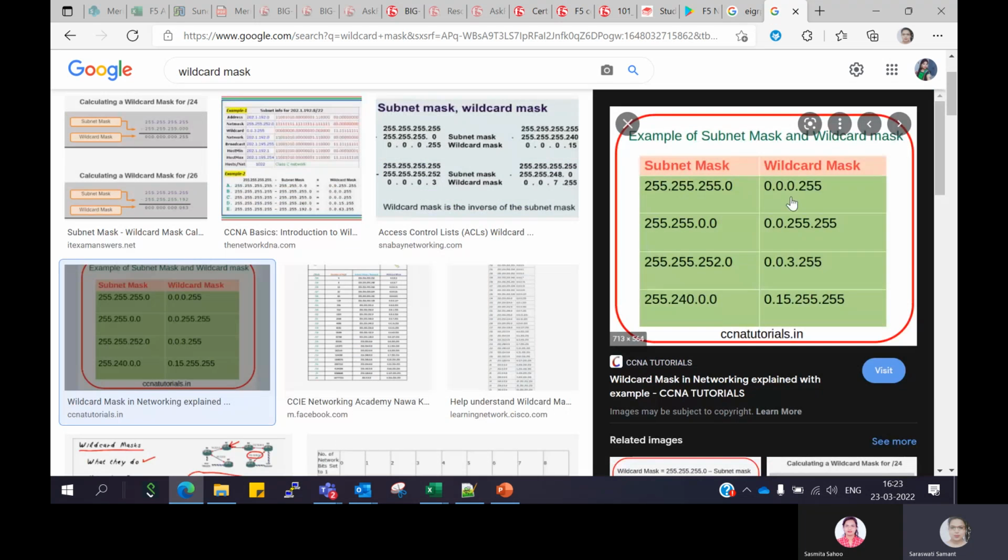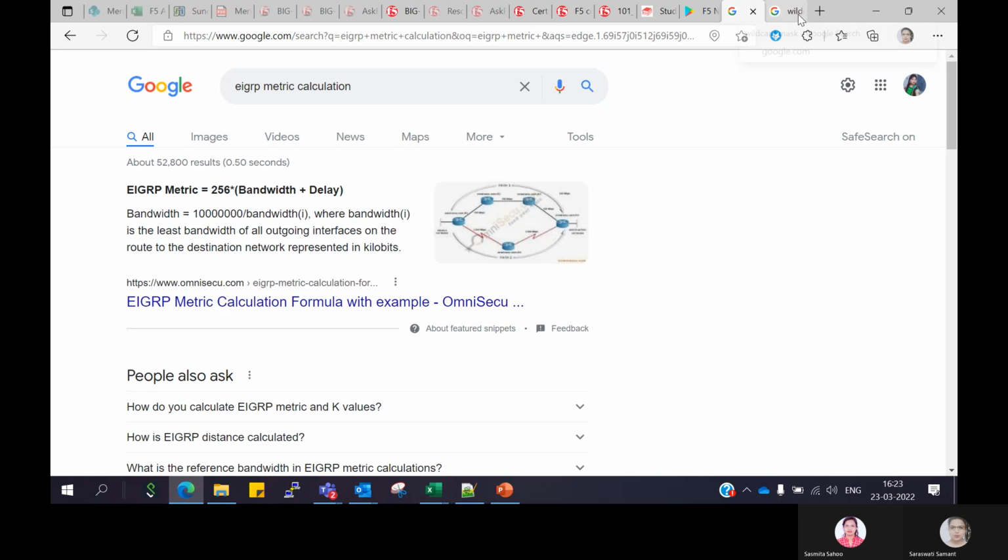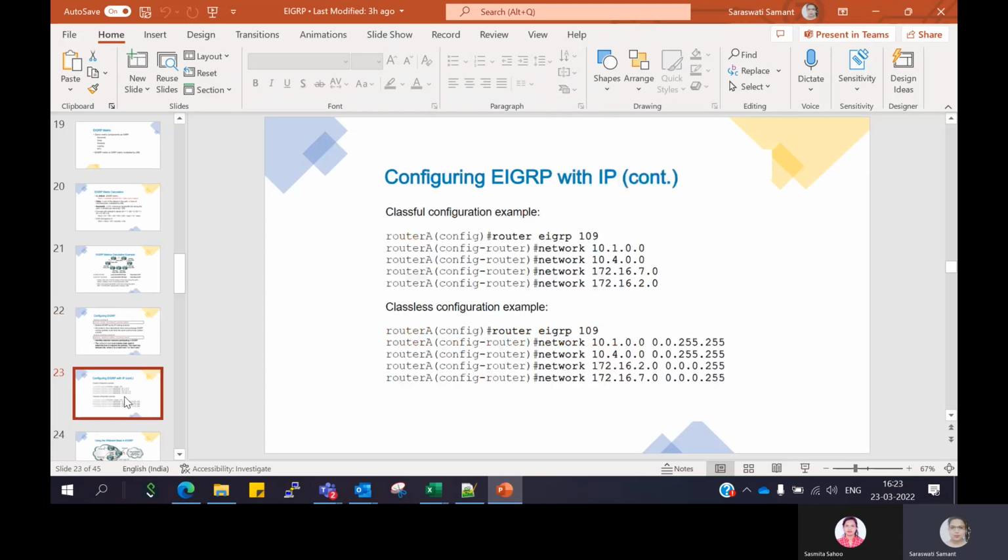It is exactly the opposite. For 252, it's going to be 3, the one which has been left, like that. And this is the configuration example, classful and classless.